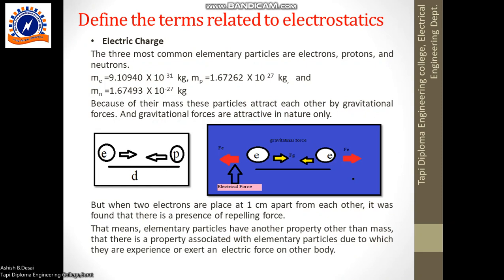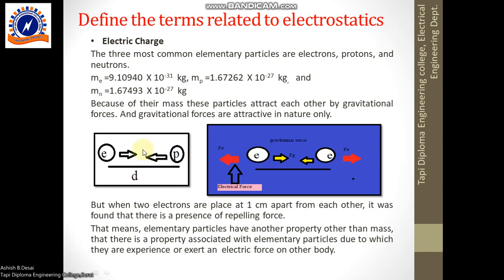Now, when these particles are placed 1 centimeter apart from each other as shown in the figure, there are two cases shown. In the first case, there is an electron and a proton at a distance d.